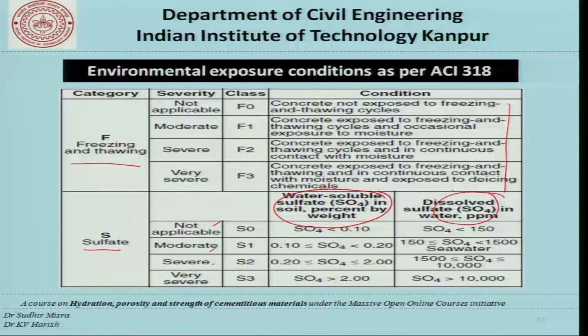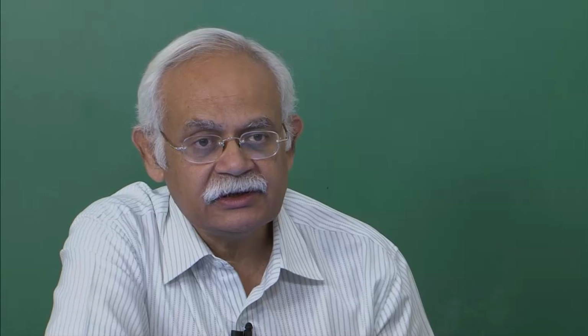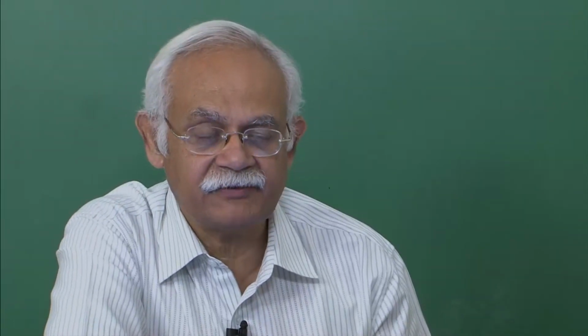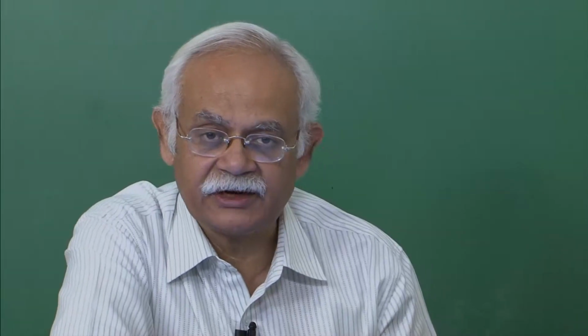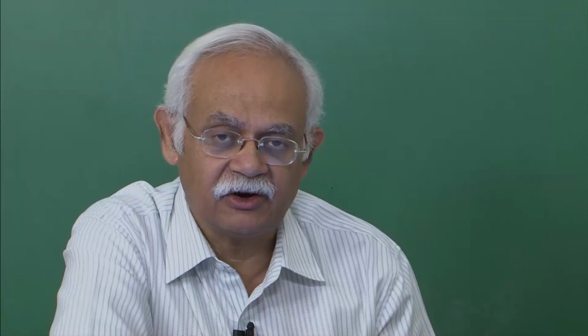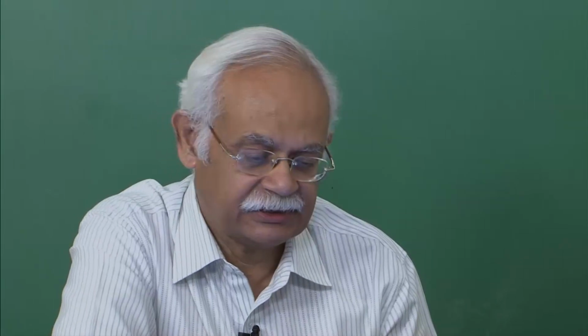So, what this kind of table tells us is that as we plan to build a structure in an environment, we need to carry out the soil analysis and find out whether or not there are any sulfates in the groundwater, whether the soil has sulfates and so on, so that we have an understanding of what is the kind of concrete that would be required, because the kind of concrete is also related to the cost. So, if we are doing a meticulous planning at that stage, we will not have too many surprises when it comes to the stage of actual execution of any project.